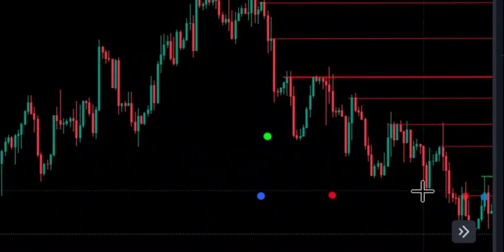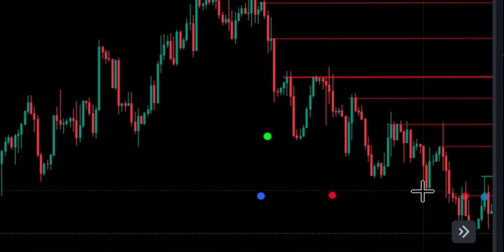Now, remember, when price comes back above that red line, what are you gonna do? Because price is retracing down right now, right? So when it comes back above that red line, what do we do? No, we already used the blue line.